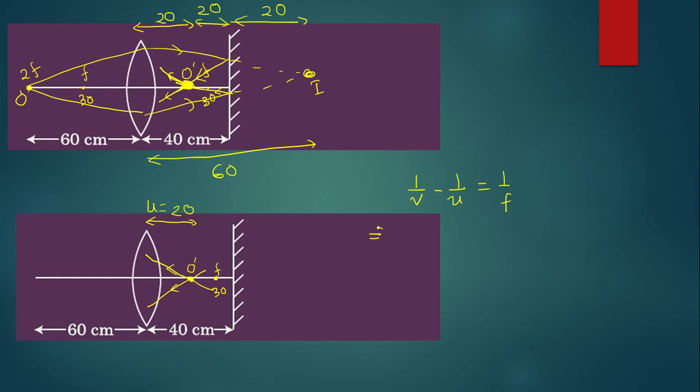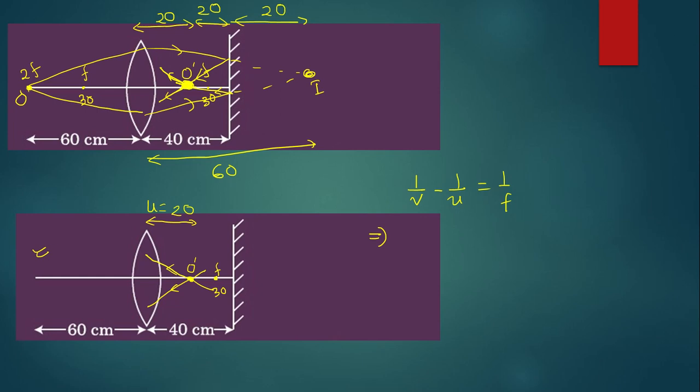Whenever we want to apply the lens equation, we apply the sign convention also. What sort of sign convention? The new Cartesian sign convention. Whenever we apply the new Cartesian sign convention, the object is always placed on the left hand side of the lens or the mirror, and rays of light travel towards the right.